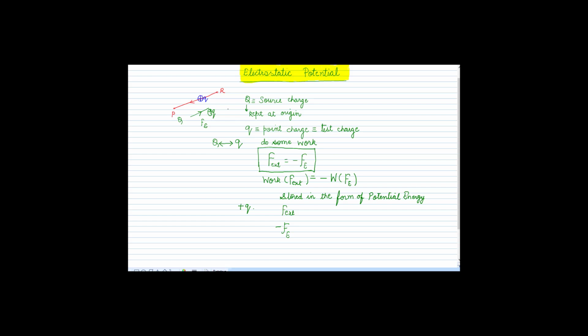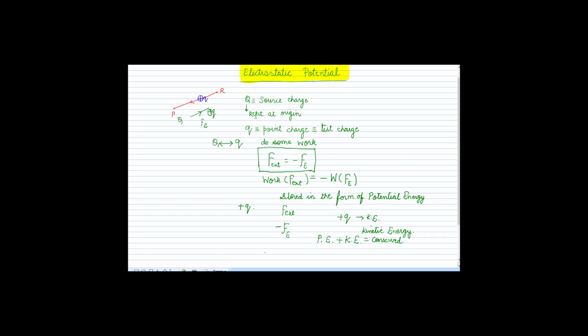So it will take the charge plus Q away from the charge capital Q, and the potential energy which was stored in charge plus Q is now converted into the kinetic energy of charge plus Q, and hence the charge plus Q moves away from the source charge capital Q. And this follows the law of conservation of energy for the charge small q, because the total energy, that is the sum of potential energy and kinetic energy, remains conserved. So the energy conservation law is followed here.